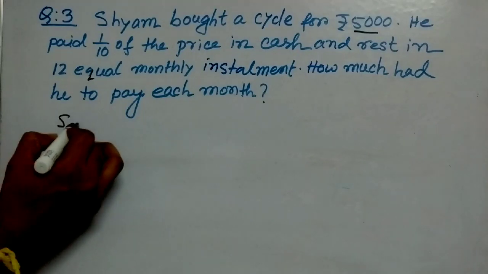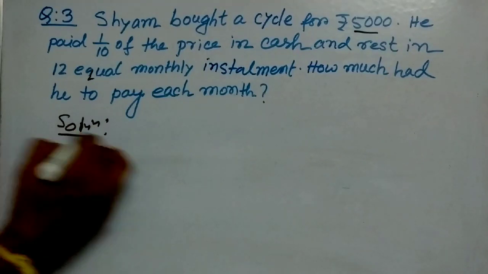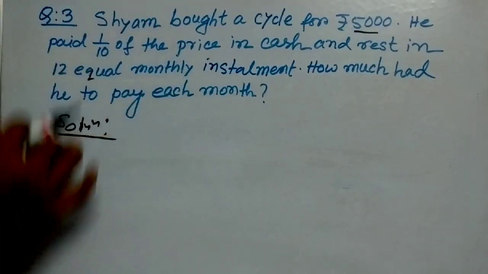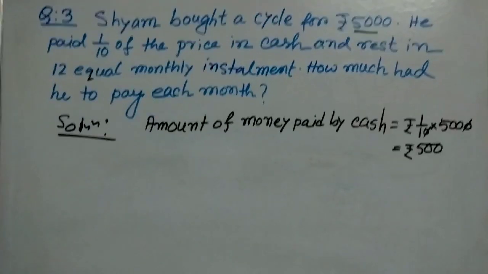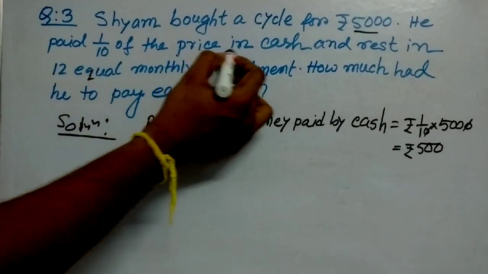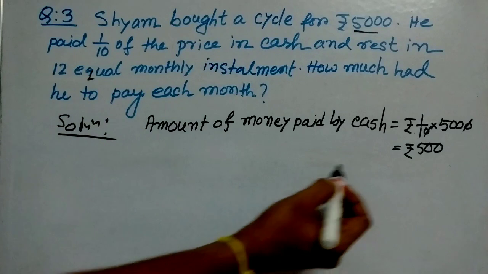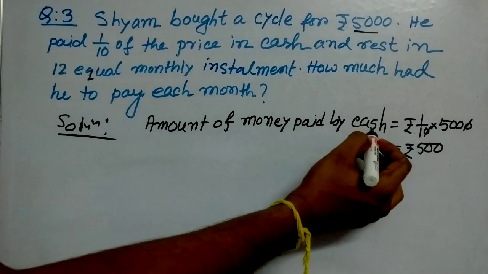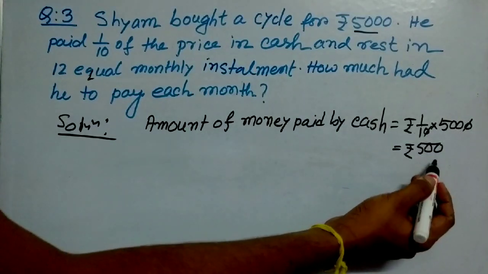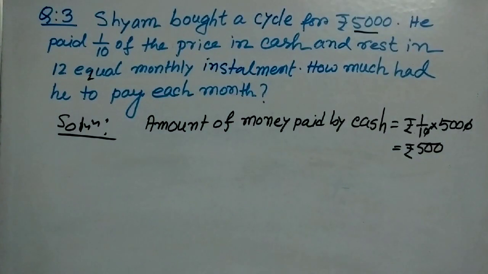In this problem, here we have to find the amount of money that he pays by cash. As we know that 1/10 of the price is paid in cash, that is why the amount of money paid in cash is 1/10 into 5,000, that is 500.